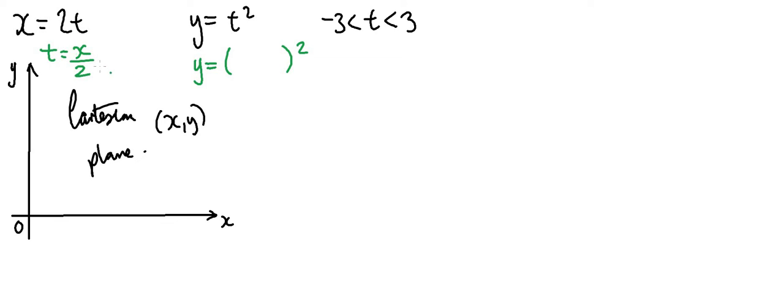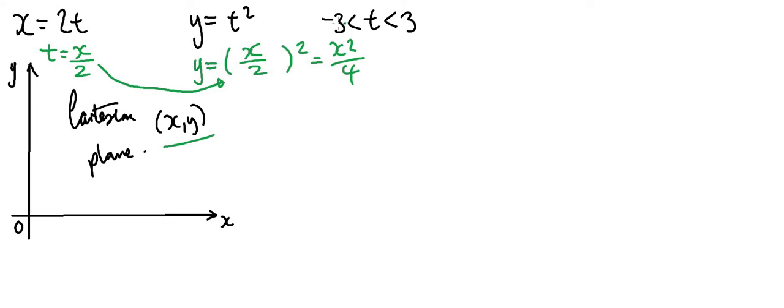Now I've got t in terms of x, so if I substitute this into my expression for y, I get x over 2 squared, which gives me x squared over 4. So now I've got an expression for y in terms of x, and I can plot this onto my Cartesian plane using x and y.